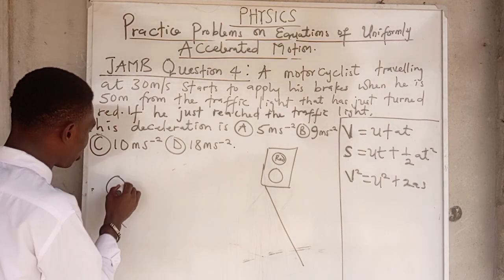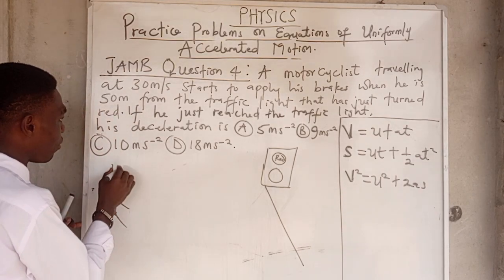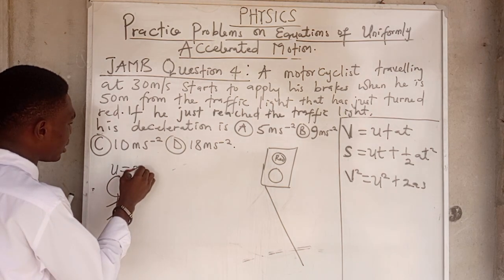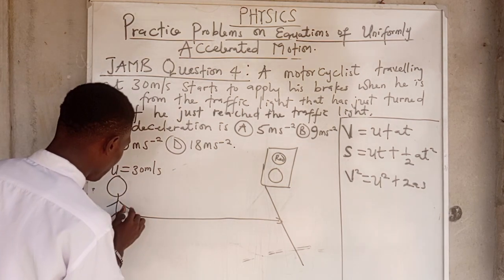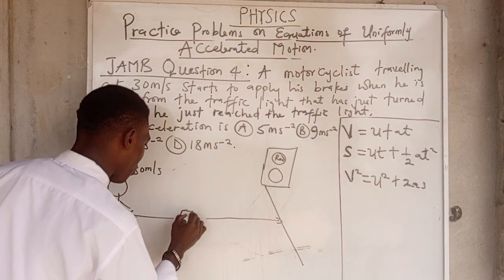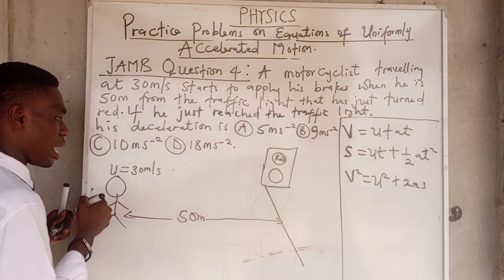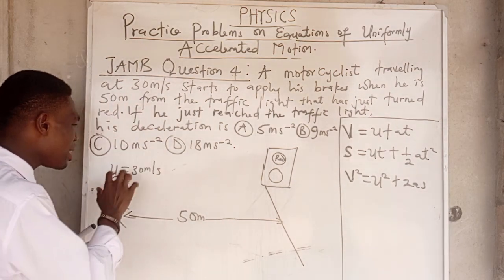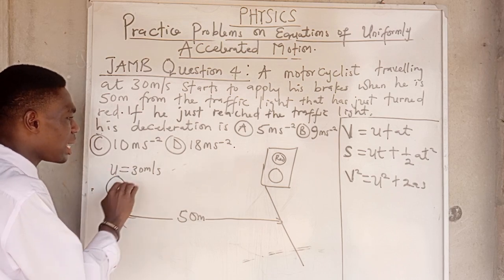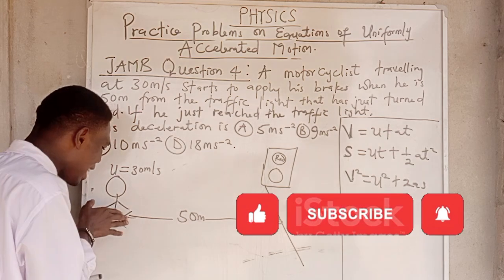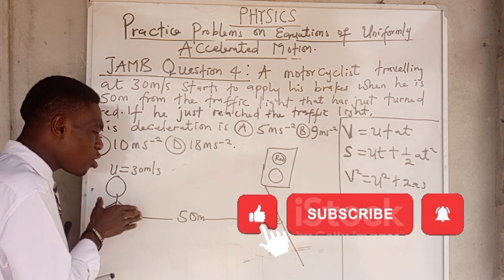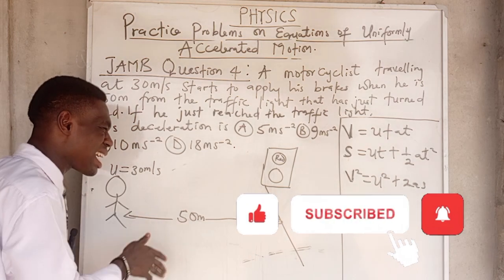Now the motorcyclist was traveling with the speed, that's the initial velocity, equal to 30 meters per second, and he was 50 meters away from the traffic light. Are we together now? Immediately he was moving with this speed, he observed that the traffic light had shown red, so he started applying his brake. Now when you apply a brake, you don't automatically stop.